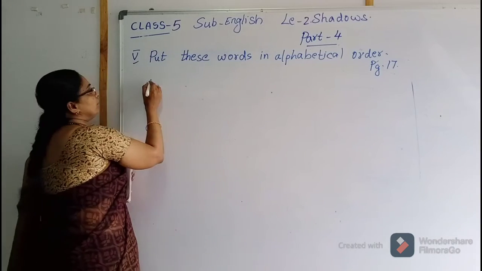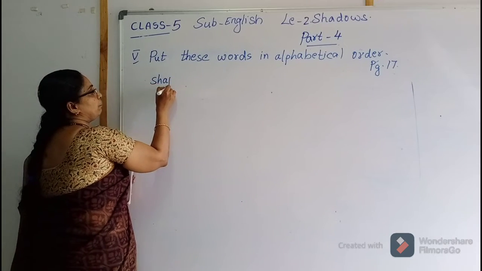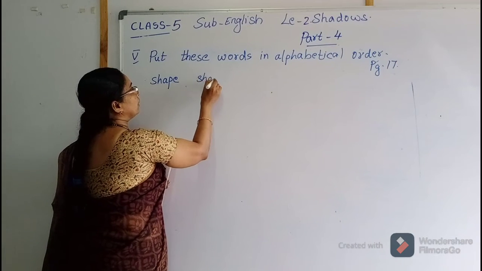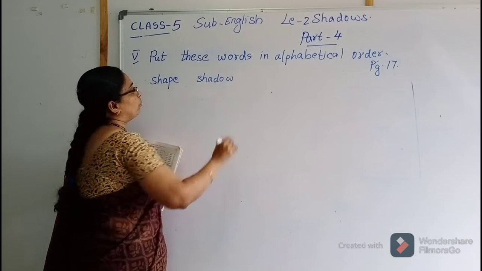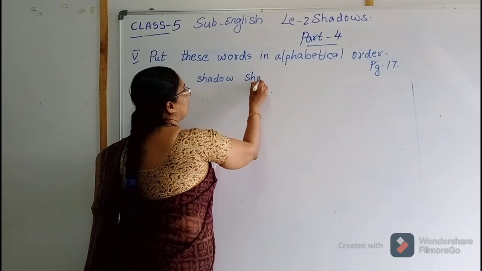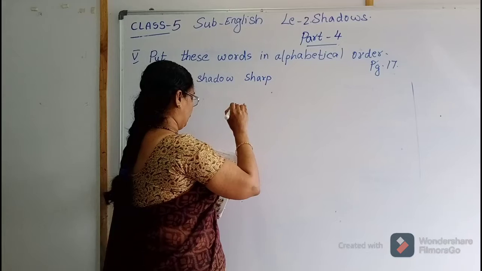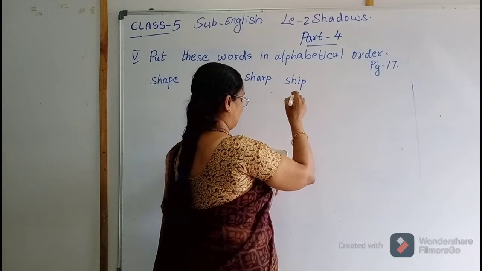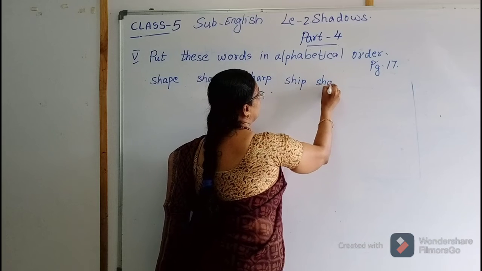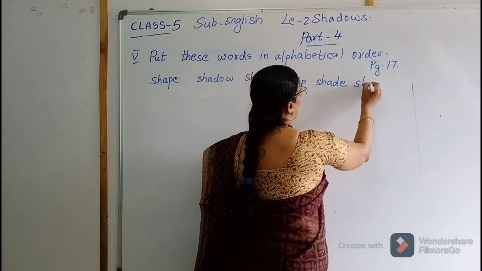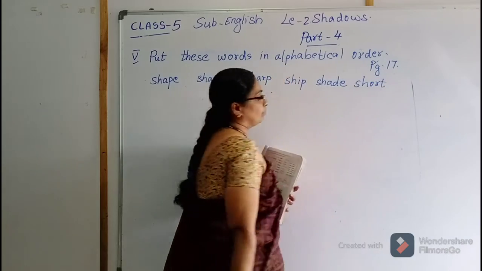Here we are getting S-H-A-P-E, shape, S-H-A-D-O-W, shadow, S-H-A-R-P, sharp, S-H-I-P, ship, next S-H-A-D-E, shade, then S-H-O-R-T, short.